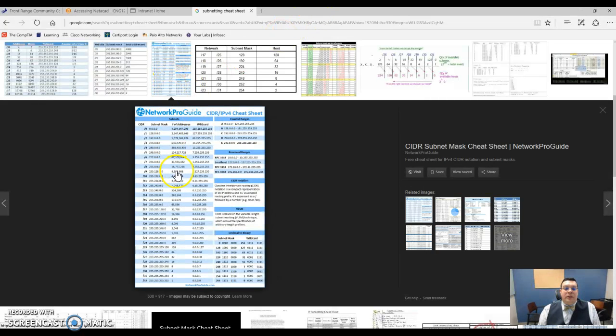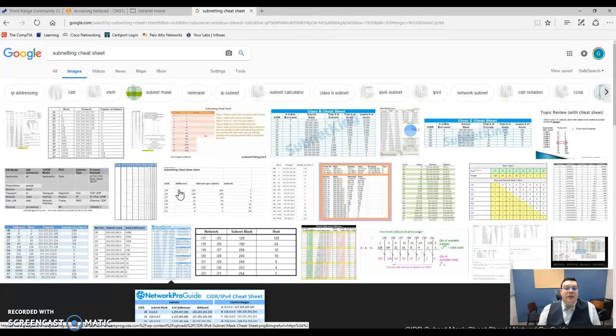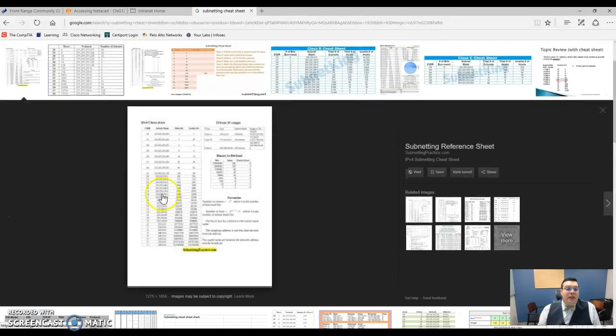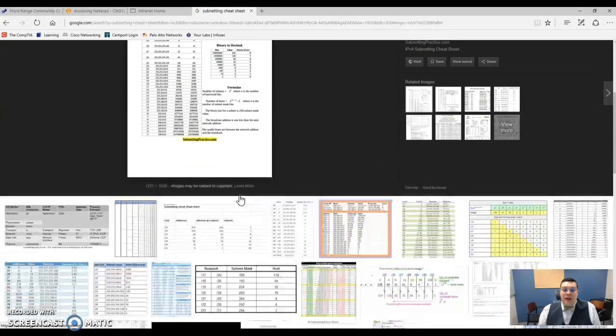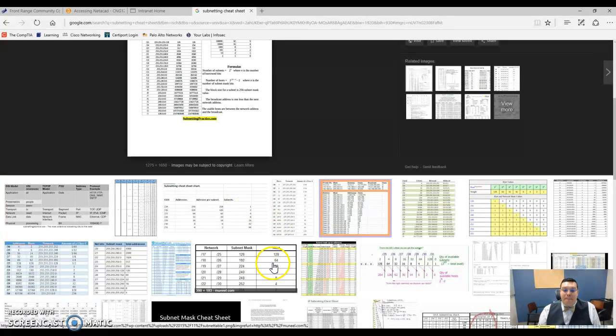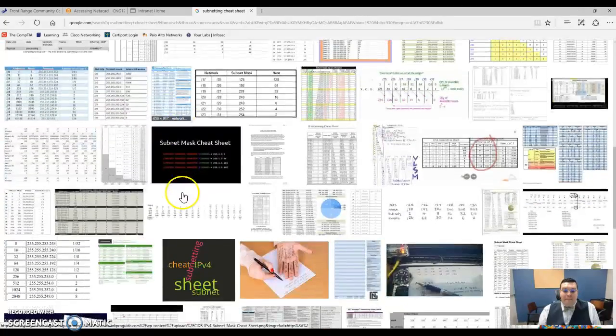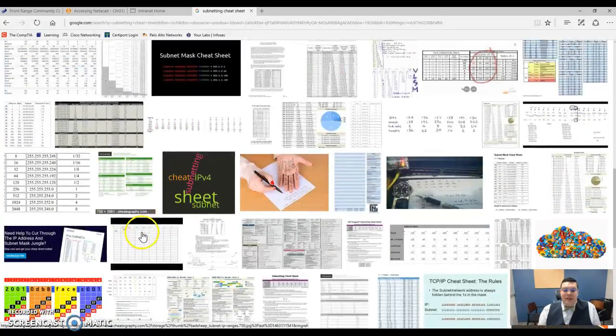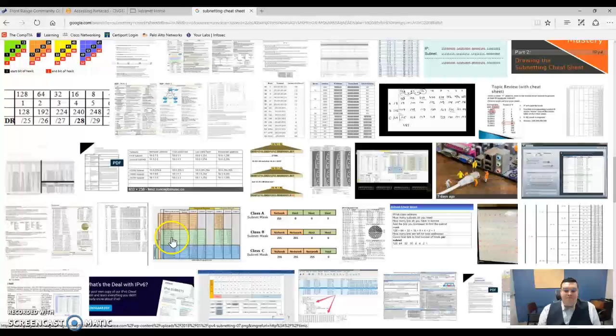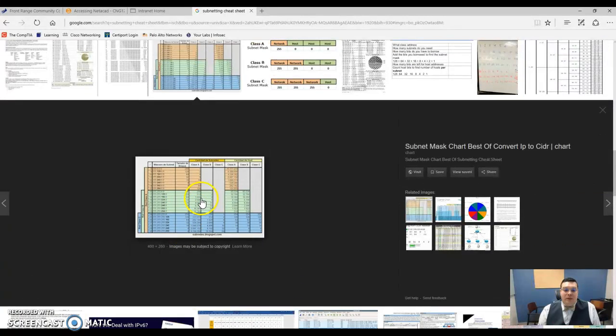Let's try another one. I know when you guys were mentioning, you said it was difficult because there's an A, B, and C, and I think I know the one you're talking about. I'm just not finding it. But it says subnet masks left. Is it this one?